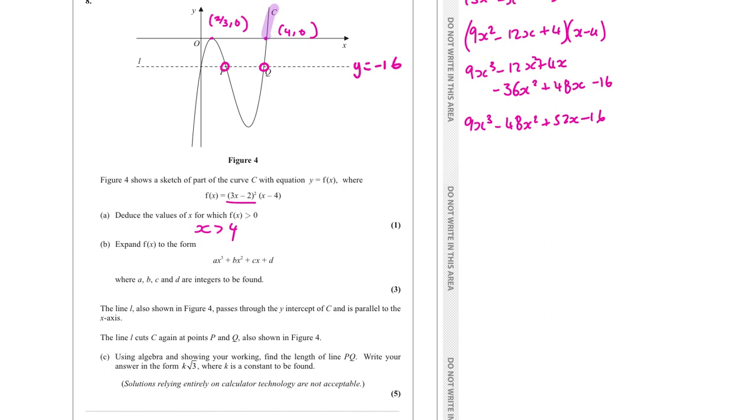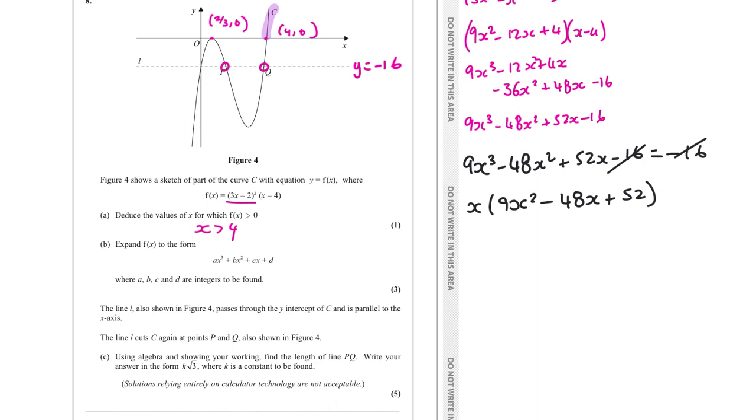So I need to put the equation equal to y equals negative 16. If I do that, I get 9x cubed minus 48x squared plus 52x minus 16 equals negative 16. They're going to cancel. So then I can factorize out an x, and x equals 0.